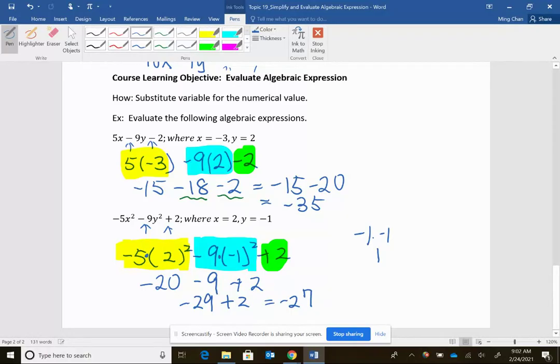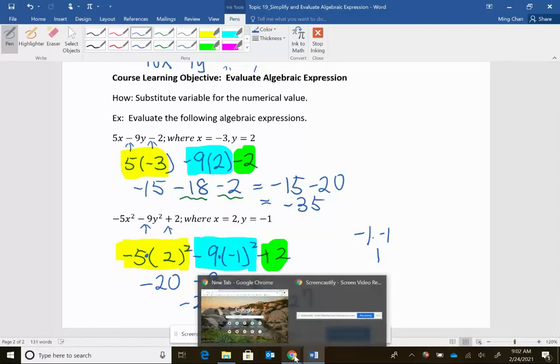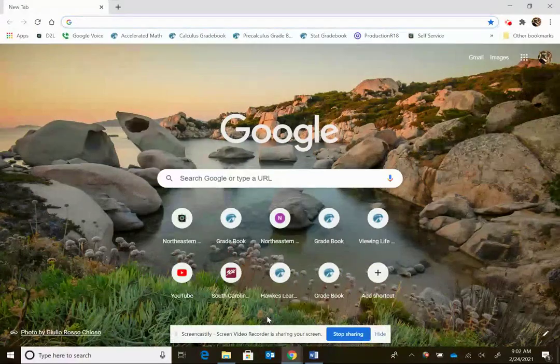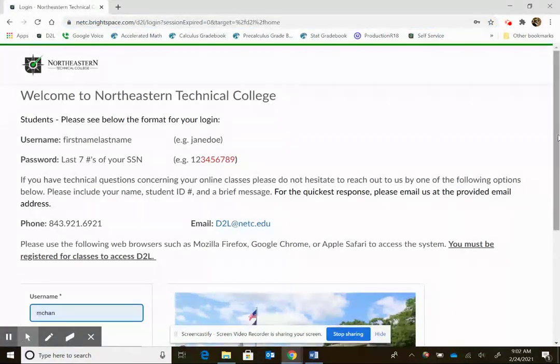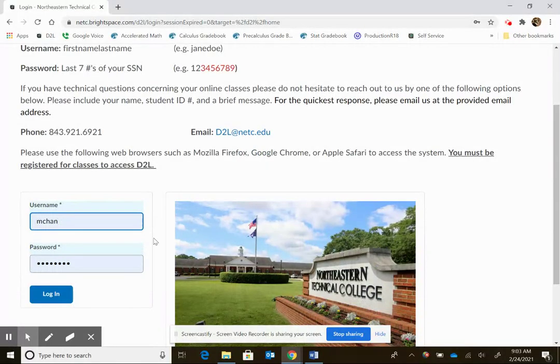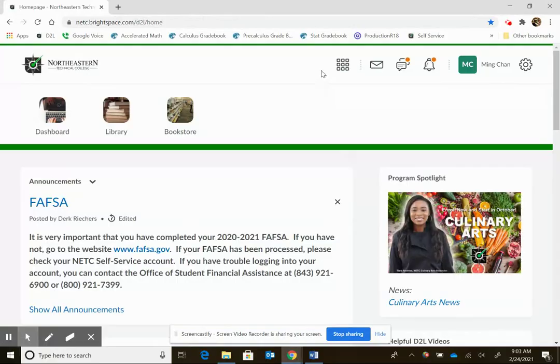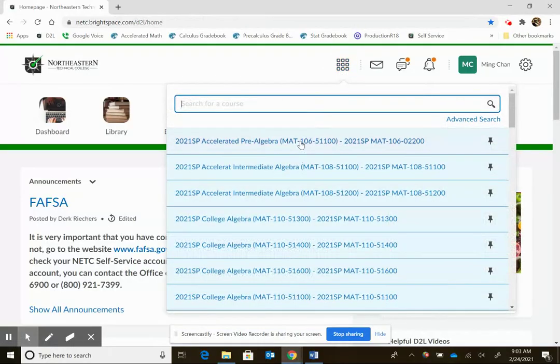Okay, so I'm gonna go over the homework here, especially with entering the exponent. I want to make sure y'all remember this. So I'm gonna go to our class in D2L. This is our class.